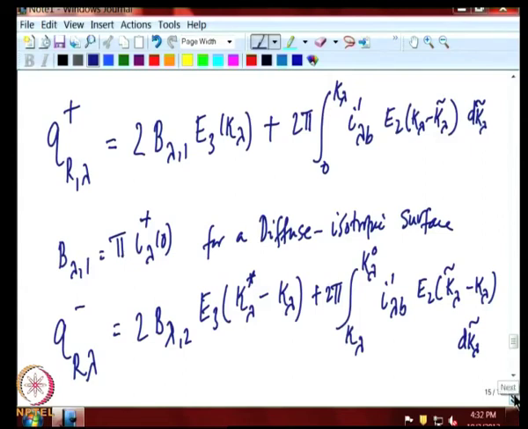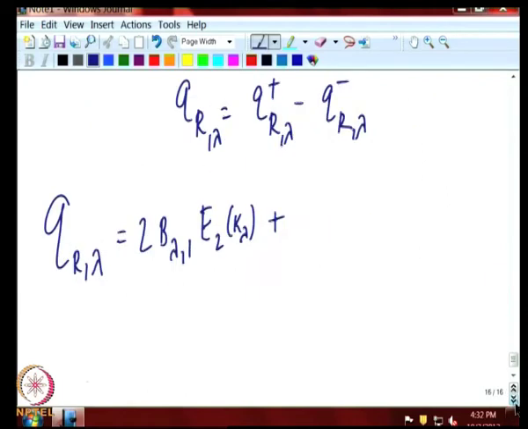So, you are getting E3 and E2 both here, and you go to the next page.